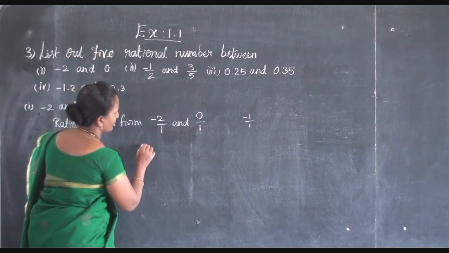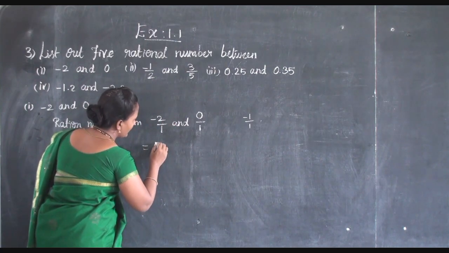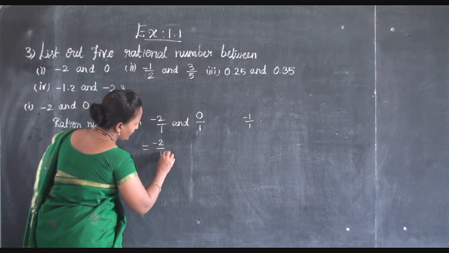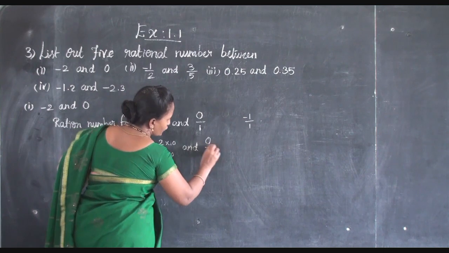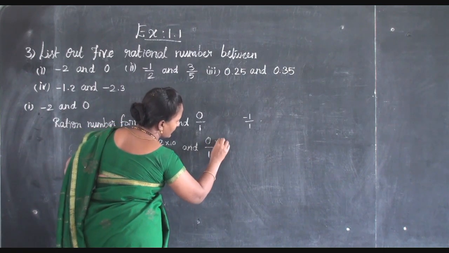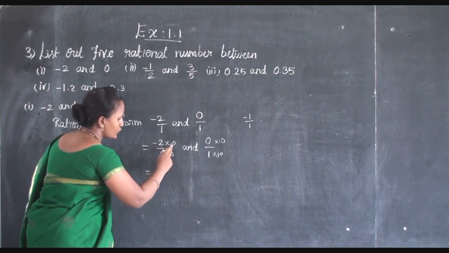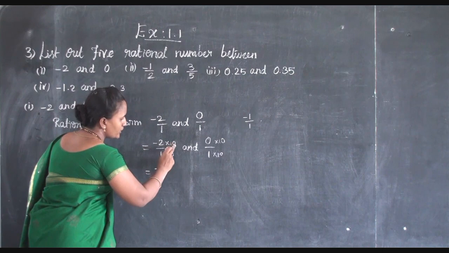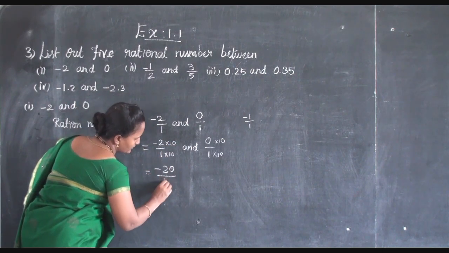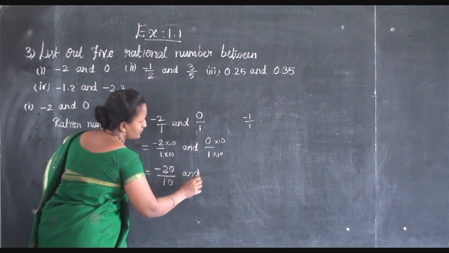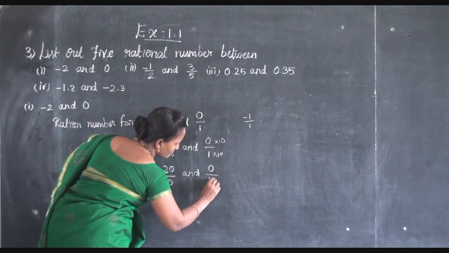So first, we have to multiply by 10 in numerator and denominator. Minus 2 by 1 into 10 and 0 by 1 into 10. Multiply the numbers. Minus 2 into 10, minus 20 divided by 10, and 0 into anything is 0, divided by 1 into 10, 10.